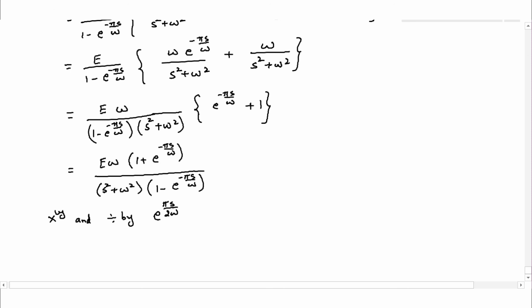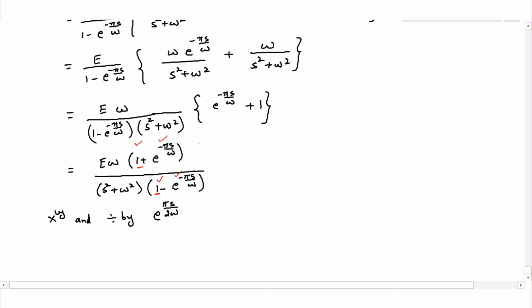The reason why I'm multiplying by this is, if you want to get the standard form in both these terms, you have to get the exponential value. But in the first term you're getting 1 here, and you're getting 1 there. So I need to get an exponential term. I would have multiplied only by pi s by omega, but I'm multiplying by pi s by 2 omega so that both these terms match.